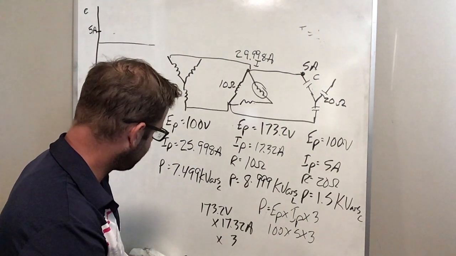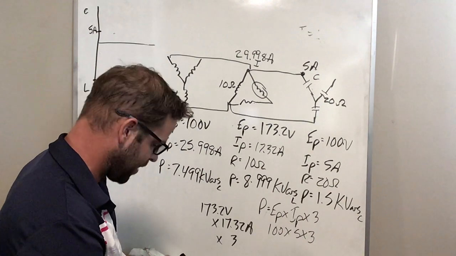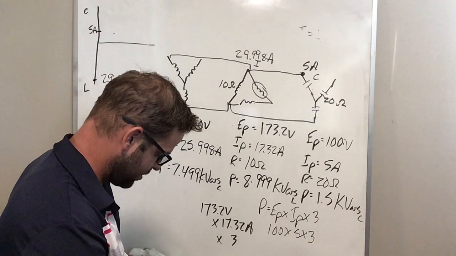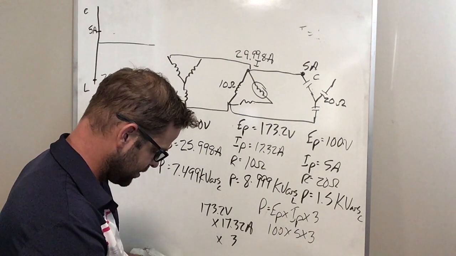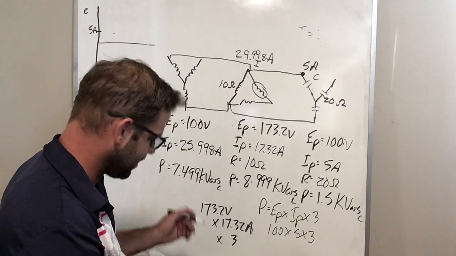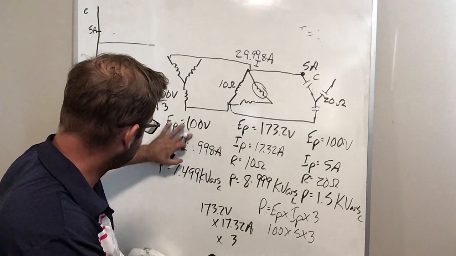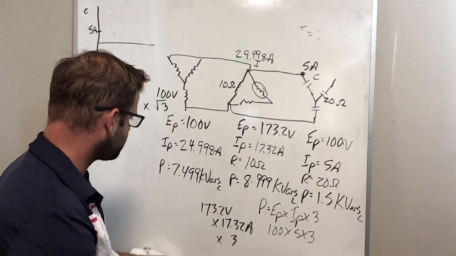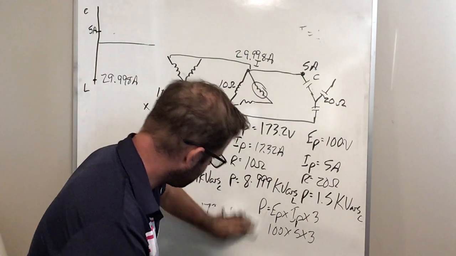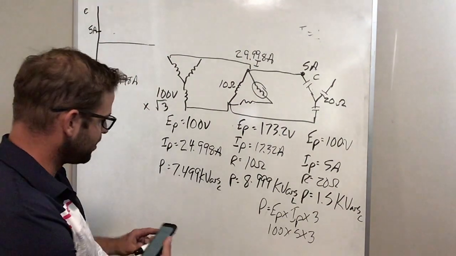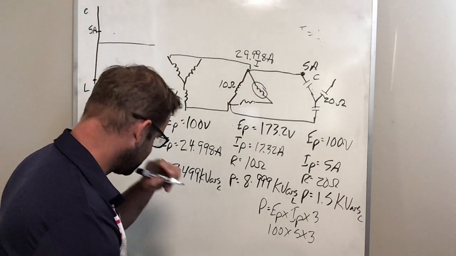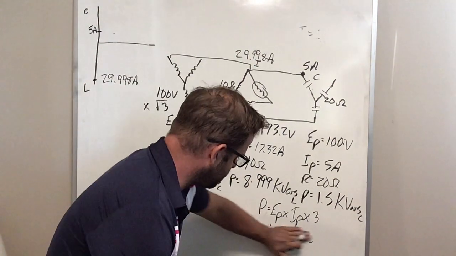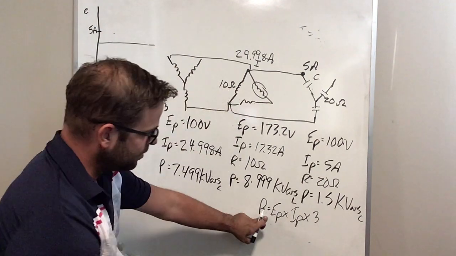And if we do the math on that, if I take 7.499 kVARs and work backwards, divide by 100, divide by 3, I get, actually that should be 24, perfect. All I did when working backwards was use that formula.